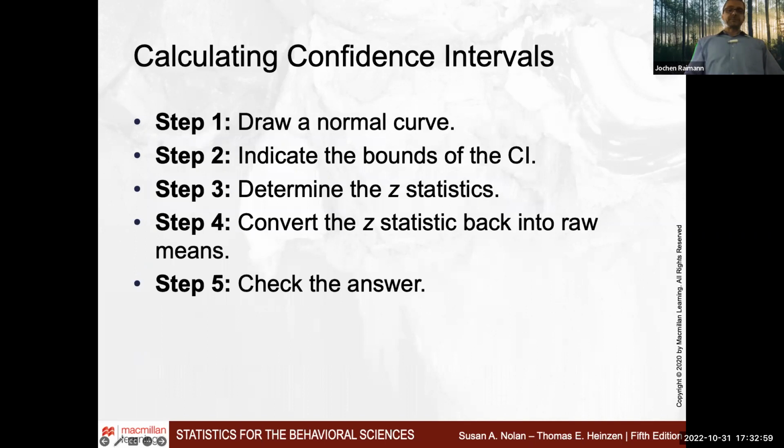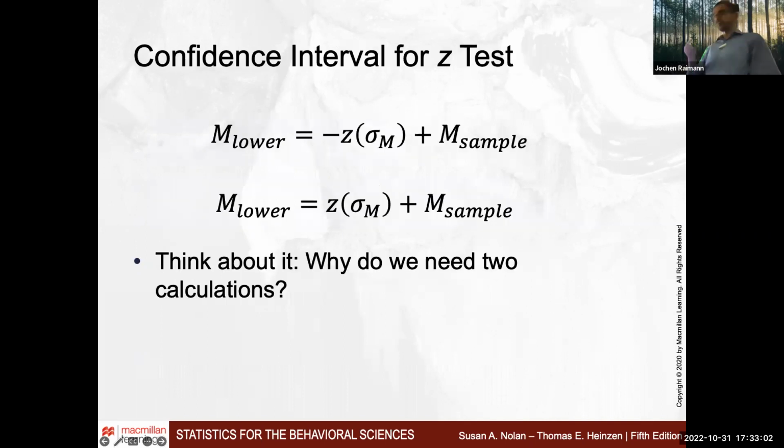So, calculation of the confidence interval. We talked about it already. We have a lower and an upper bound. Okay, they insist on calculating this a little differently, which I don't like. Basically, you take the negative z, multiply it by the standard error of the mean, and you add it to the sample mean because it's negative.